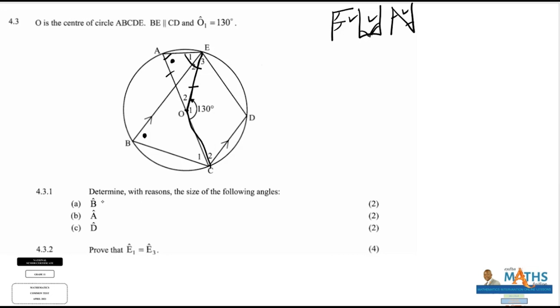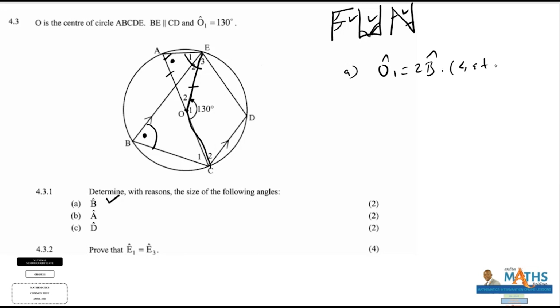Let us check now how we can find our sizes. Calculate angle B. There is B. Come on, guys. Angle O1 is twice angle B because we have an angle at the center. It means my angle O1 is 2 times angle B. What is our reason?